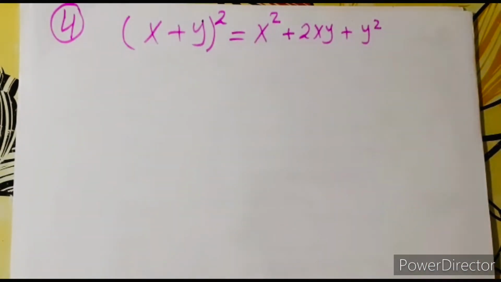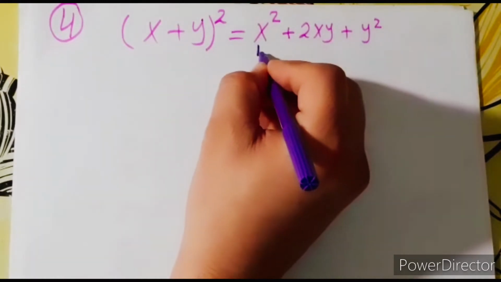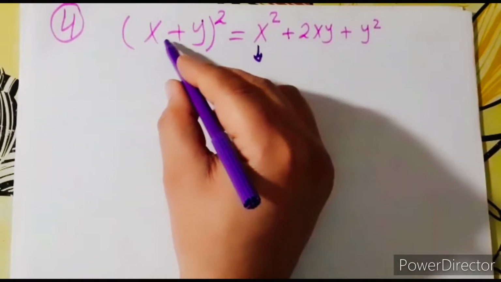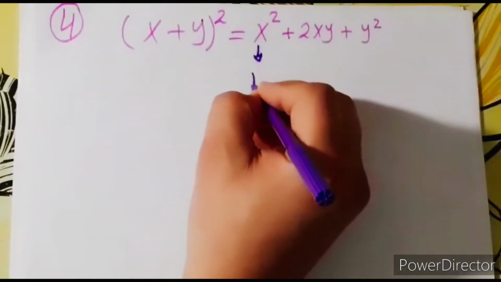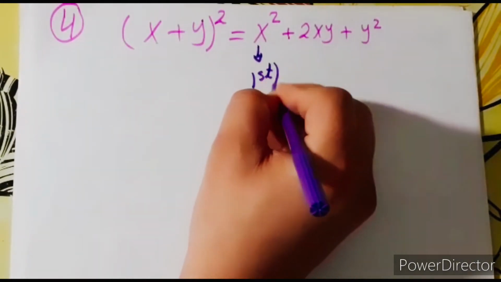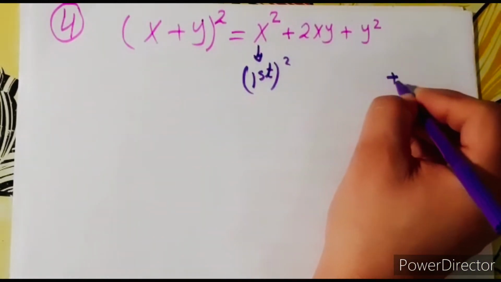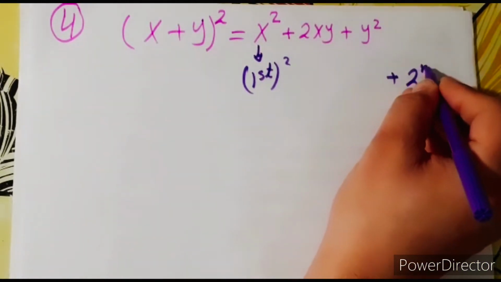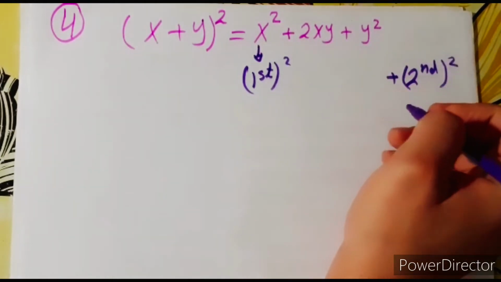To understand this, we can write that x plus y all power 2 equals the first term power 2, plus the second term power 2.